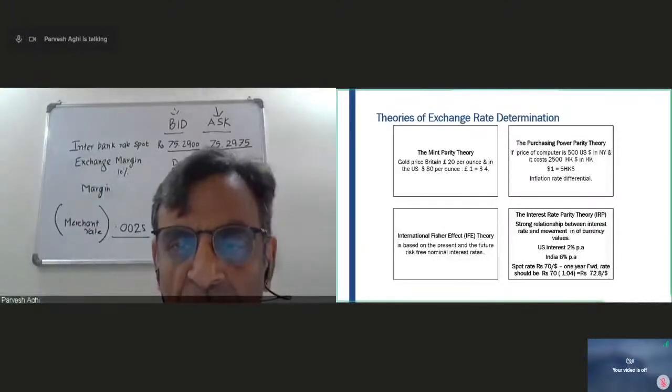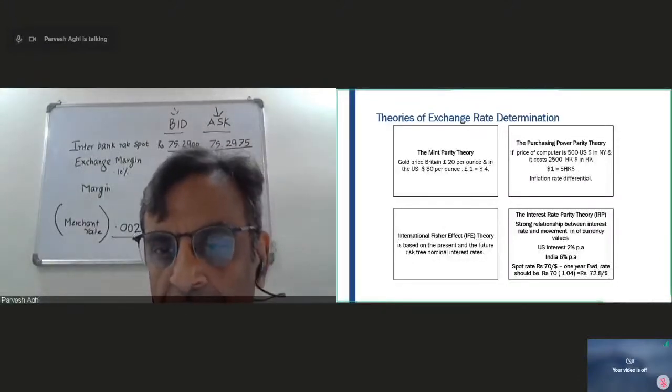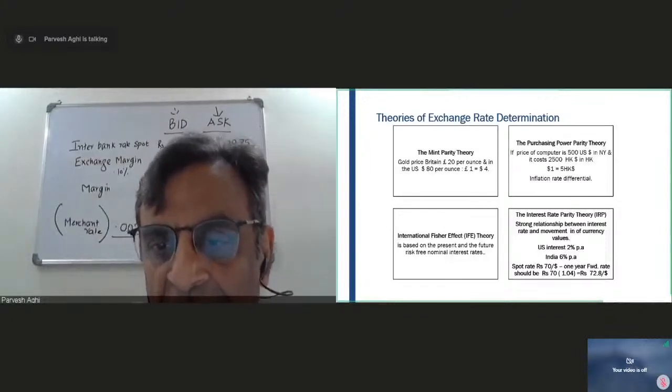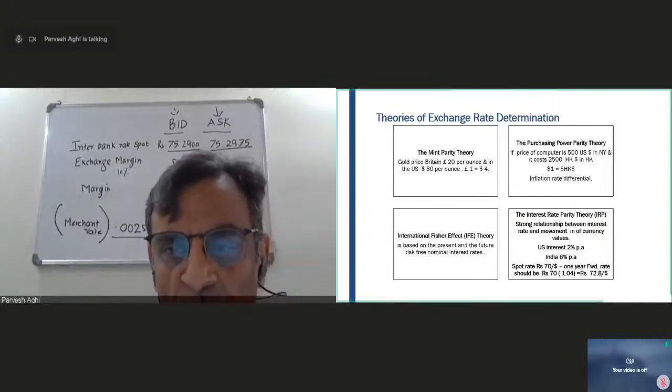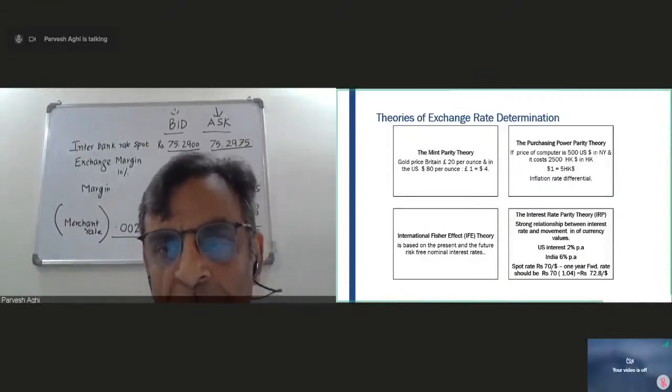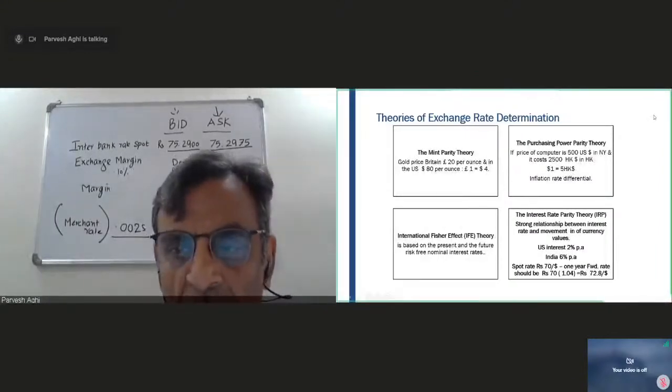Suppose US interest rate is 2% per annum and India it is 6% per annum, and the spot rate now is 70 rupees per dollar, so the forward rate should be 70 into 1.04, which is the differential between 6 and 2.